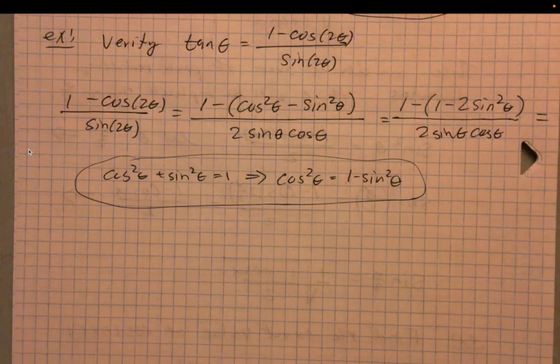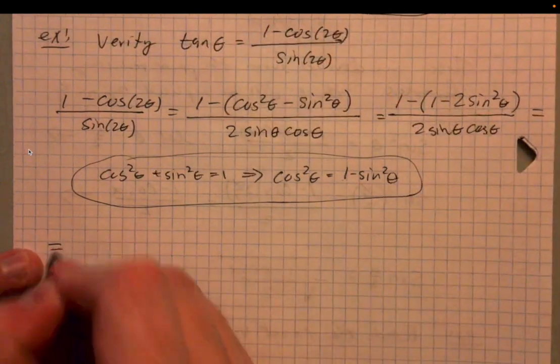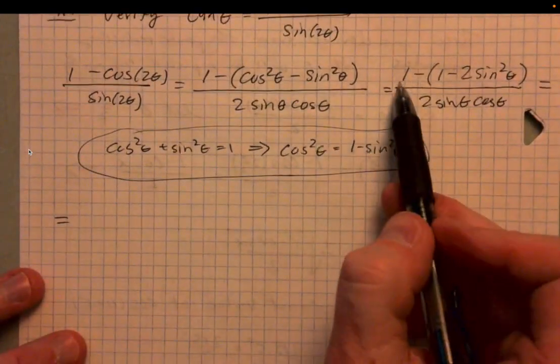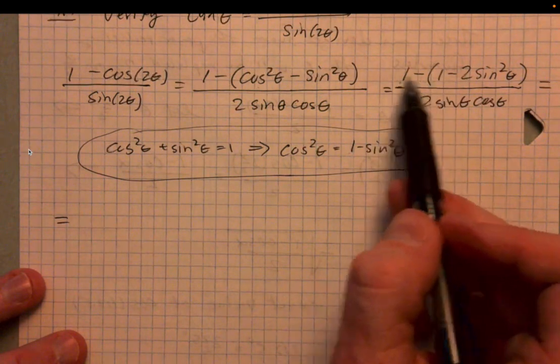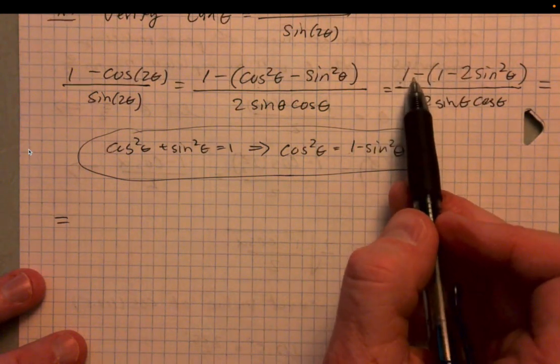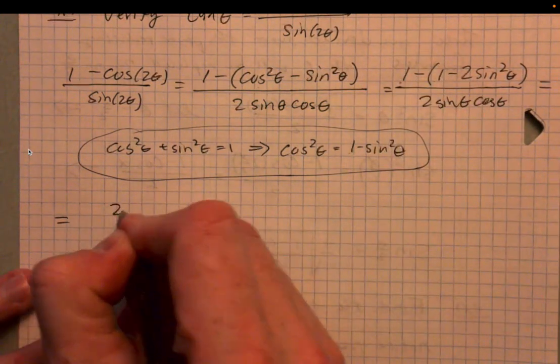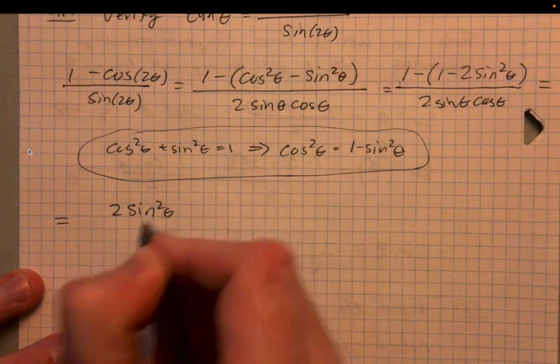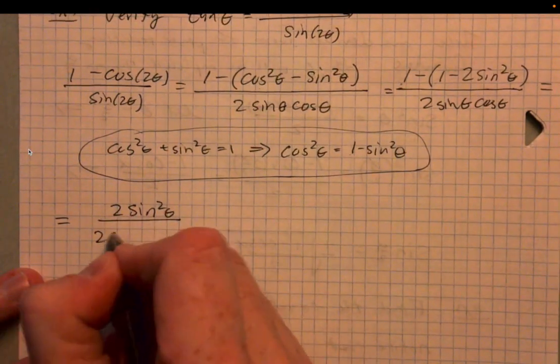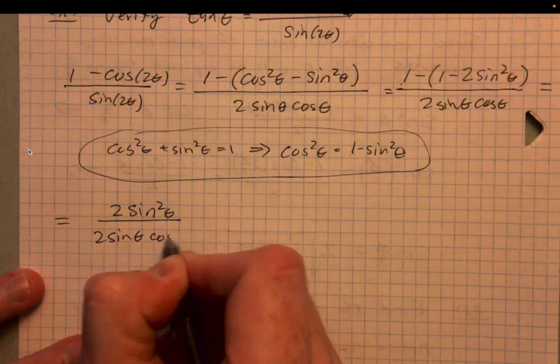Now I still don't have anything close to resembling tangent, so how am I going to get this back to tangent? Well, let's simplify that numerator a little more. I've got 1 minus 1. Those basically undo each other, and then I've got minus negative 2. So the top is really 2 sine squared theta. It's positive, isn't it? And then 2 sine theta cos theta down below.